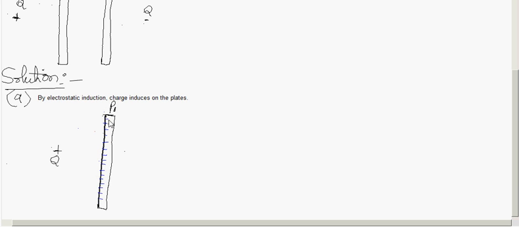So this side will have positive charge. So all positive charge will accumulate on the right side. You can draw this P1 a little bit wider so that you can show minus and plus signs clearly.